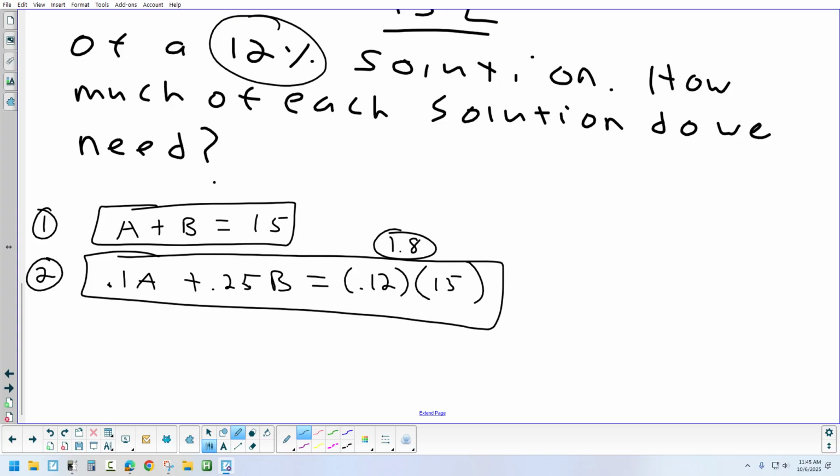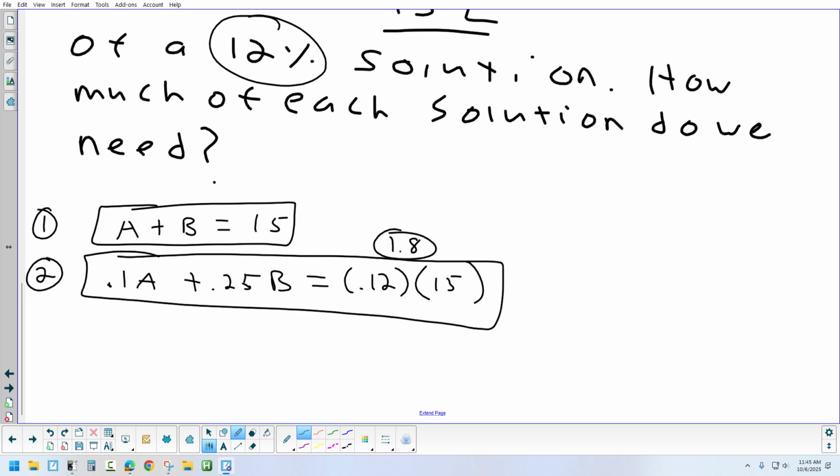Does anybody remember one method you can use to solve a system? You can definitely use elimination. I'm going to stay away from elimination on this one just because of all the decimals. Substitution would be a really good way to do this one.